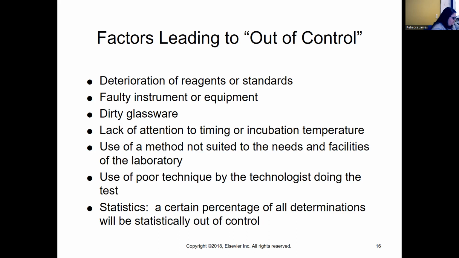Reference range statistics. So statistically, the reference range for a particular measurement is usually related to a normal bell-shaped curve. So if you look up real quick at figure 6.1, you see that mountain right there, looks like a mountain.